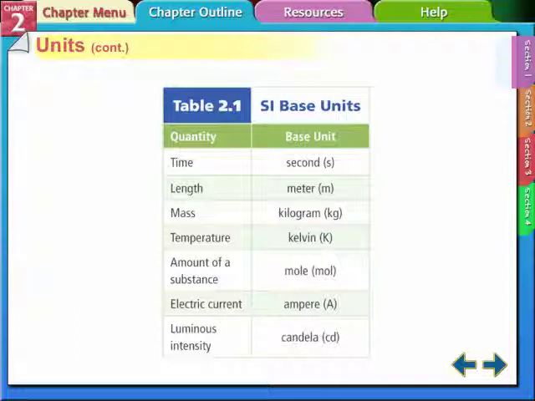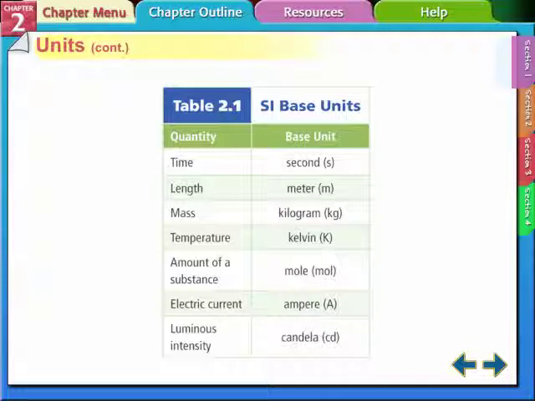So these 7 certainly work for chemistry. Time, length, mass, temperature, amount of a substance, electric current, luminous intensity. You want to know what these base units are? We will talk in depth about the mole in a later chapter. We will talk in depth about the Kelvin for temperature when we get into heat.